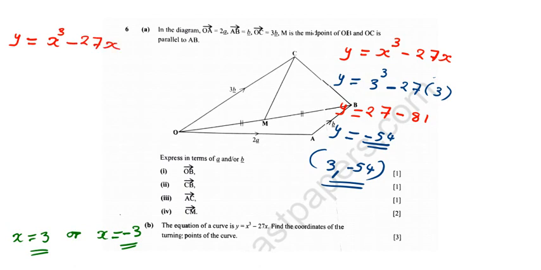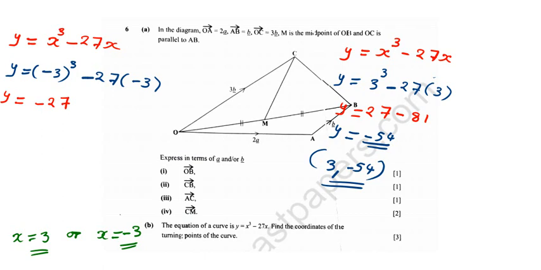Now where there is x, I will be substituting a negative 3. So y is equal to negative 3 to the power 3 minus 27 times negative 3. Negative 3 to the power 3, I'm getting negative 27.